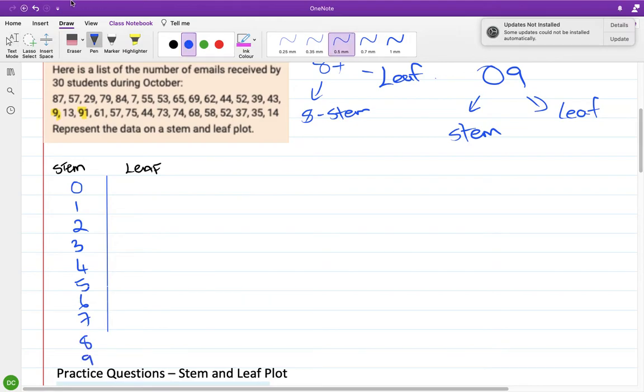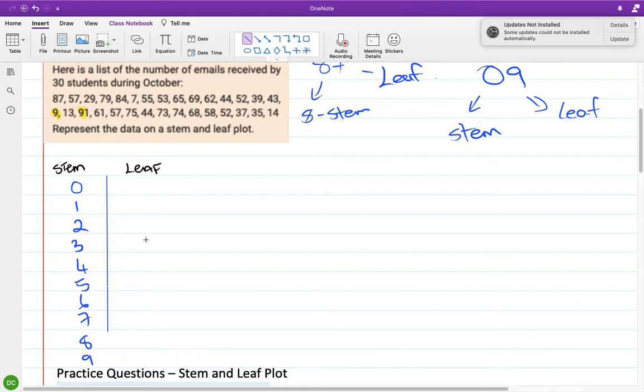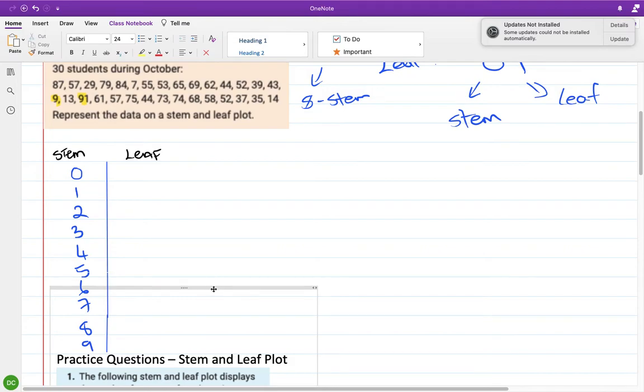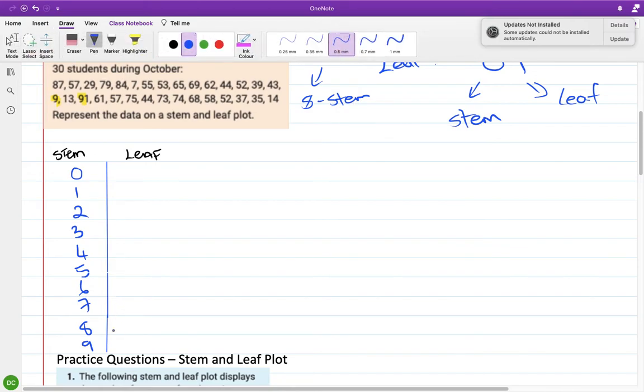Ooh, just about. Okay, I'm going to extend this. So we're just going to go through the data and draw it in. So 87 goes here. So the 80 part is in the stem, and then the 7 is the leaf.